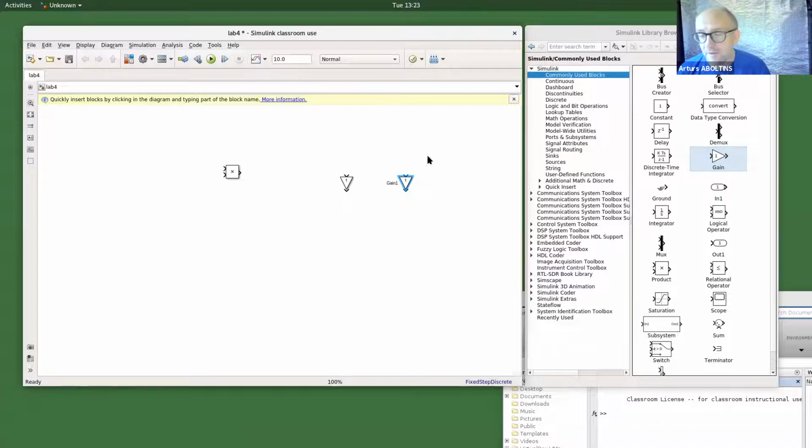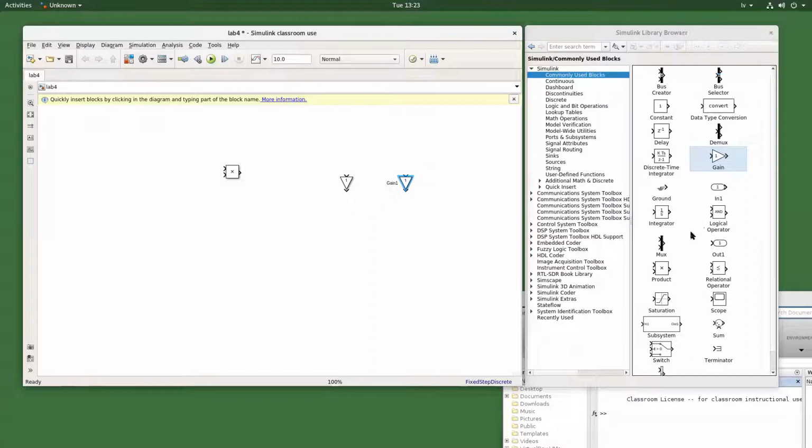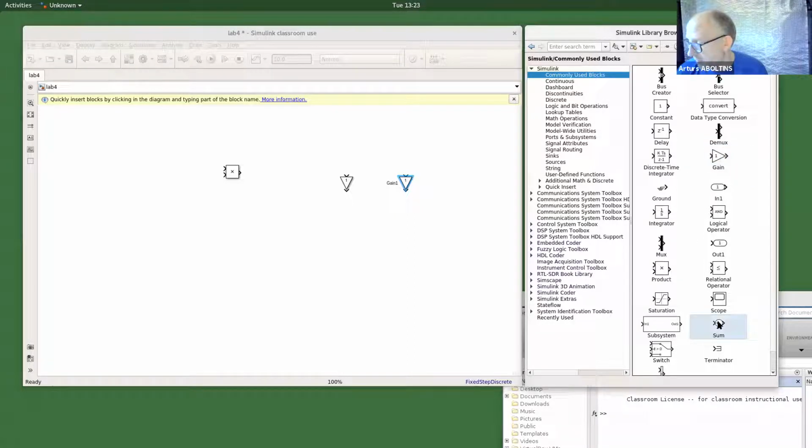Now we have two sums. So the first block you put was product, right? Yes. Two sums. You can use round sums but we need the sums.